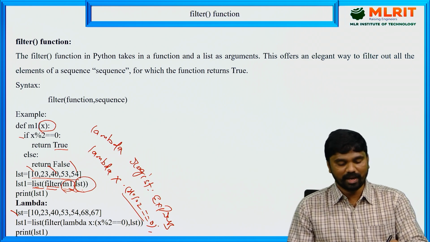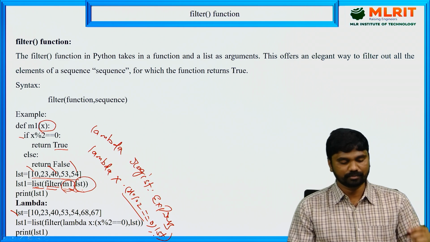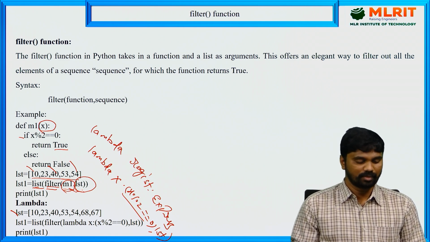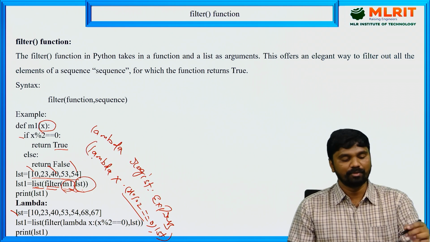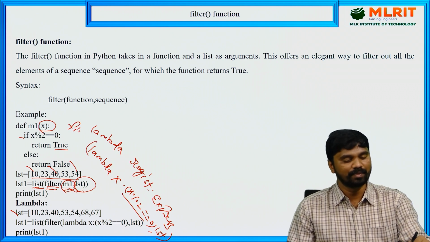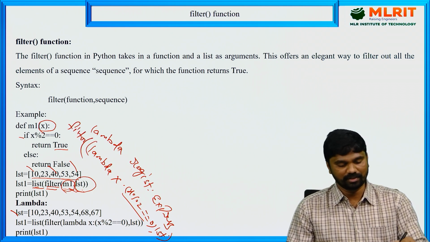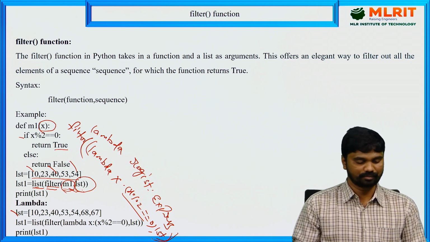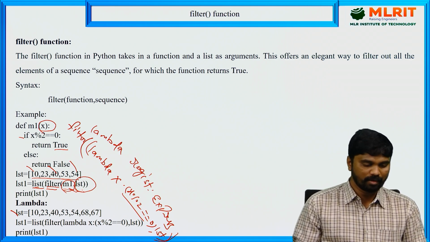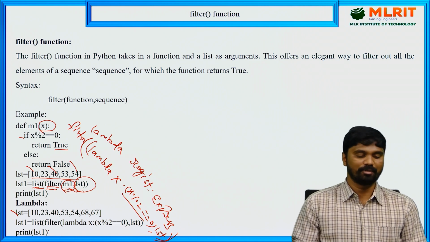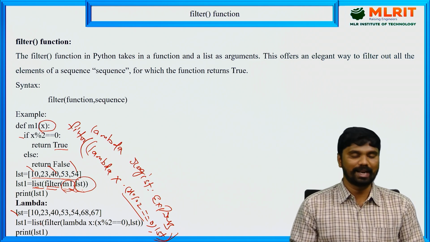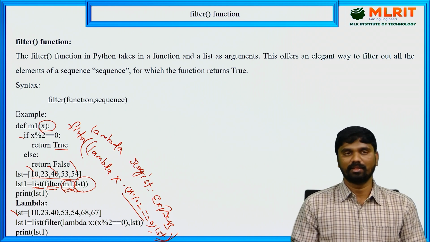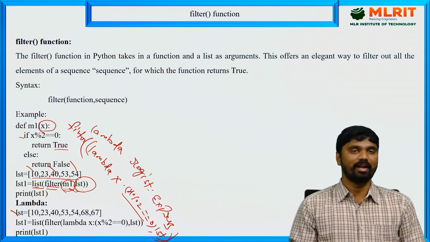Then we have that list. Now we are going to pass this into the filter function. In this way we use these lambda functions. The lambda function is nothing but a function that doesn't have a name.